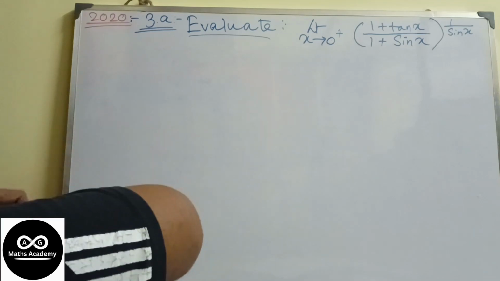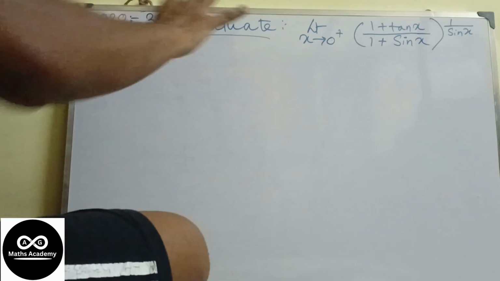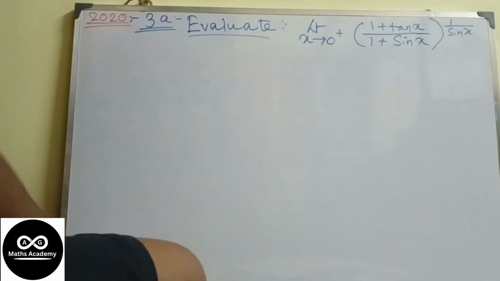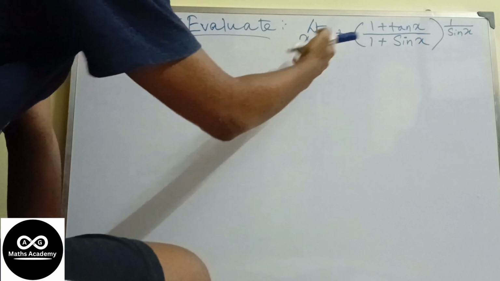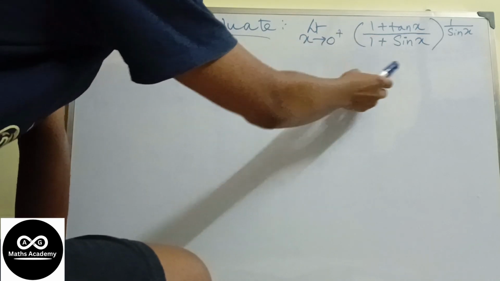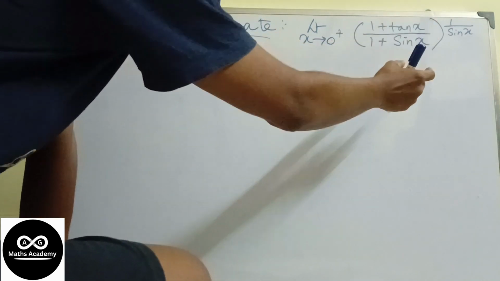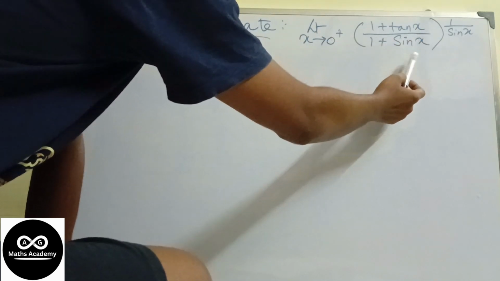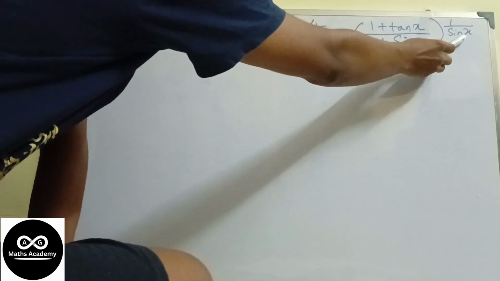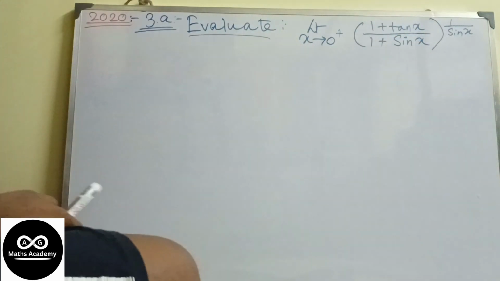So now, it is a very common question. In this kind of question, if you see a question like, evaluate this limit, and there's a function and another function which is the power of this function, so there are two functions, one which is the power and one which is the main function.